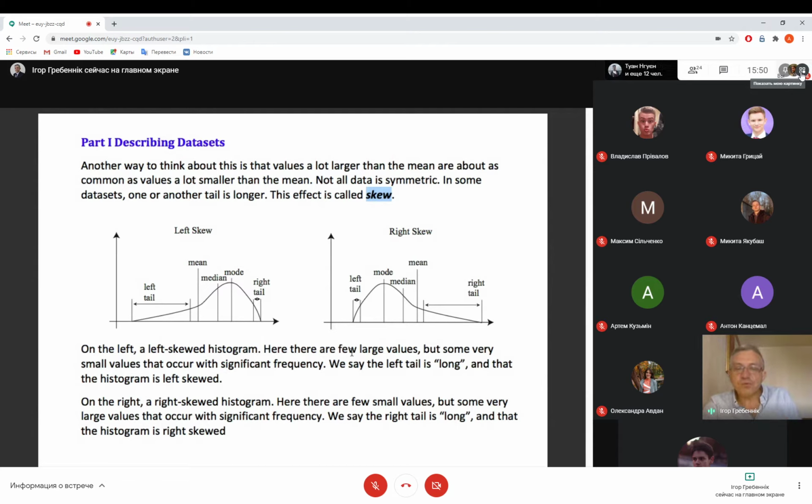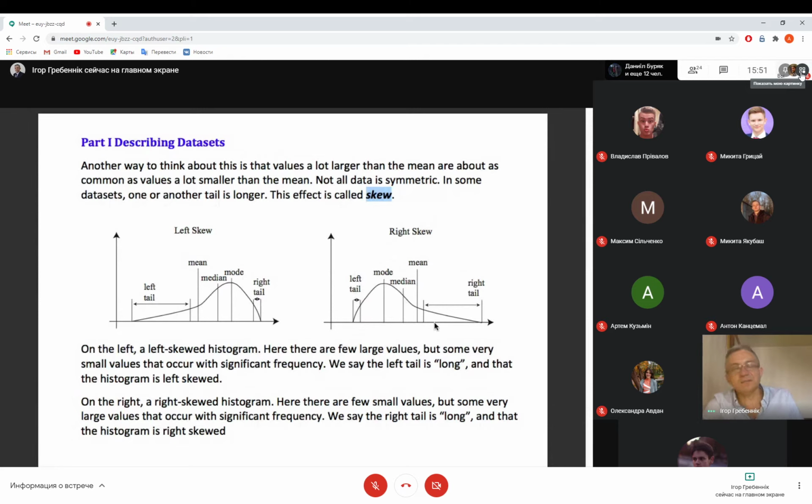There are few small values, but some very large values that occur with significant frequency. A small part of small values and a large part of the large values. This is a left skew histogram.